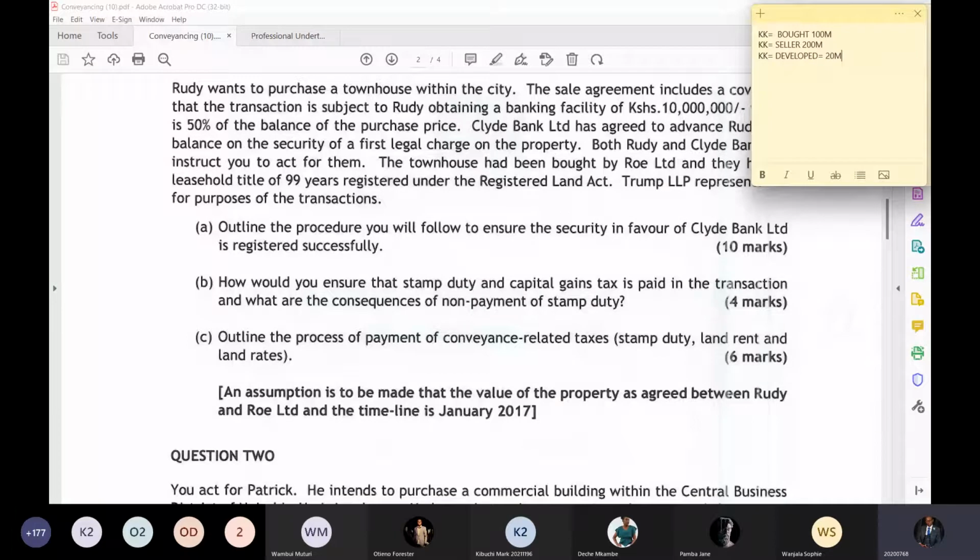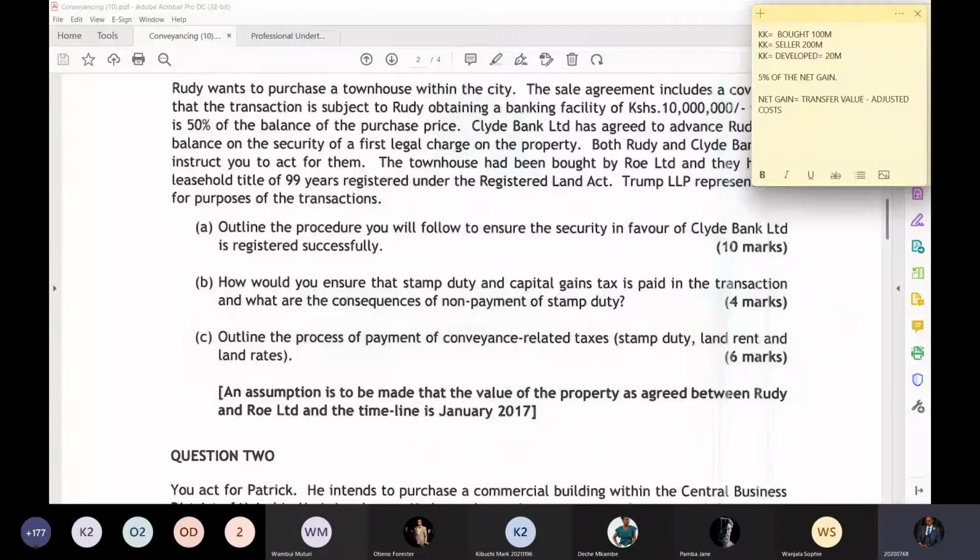The formula. You need to get the net gain. The tax is just 5% of the net gain. So how do you calculate the net gain? The net gain is just the transfer value minus the adjusted cost.